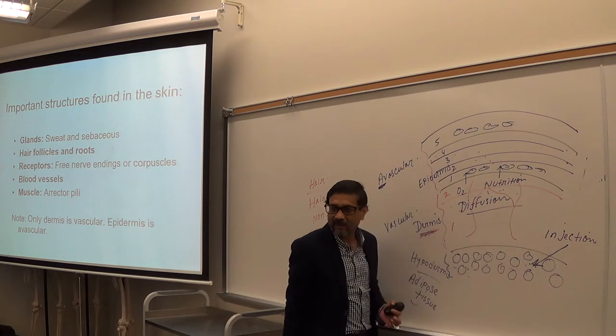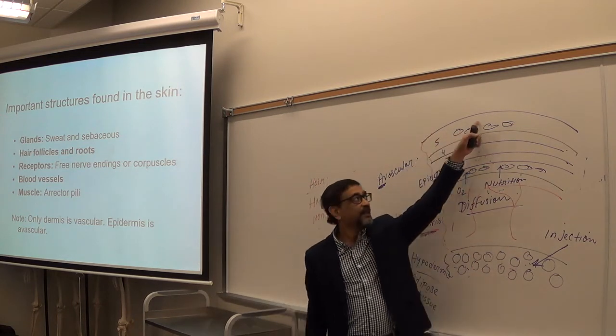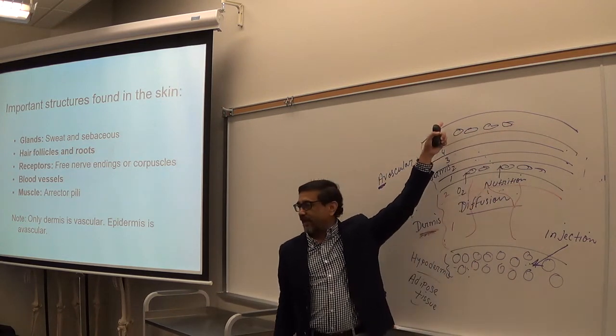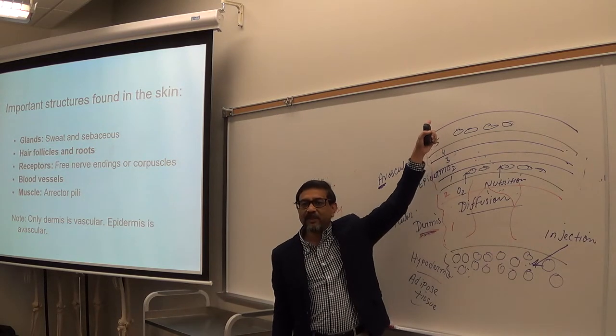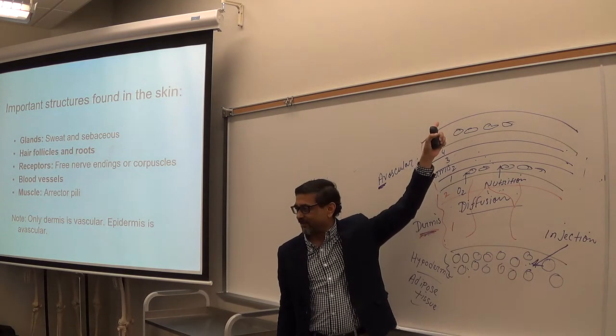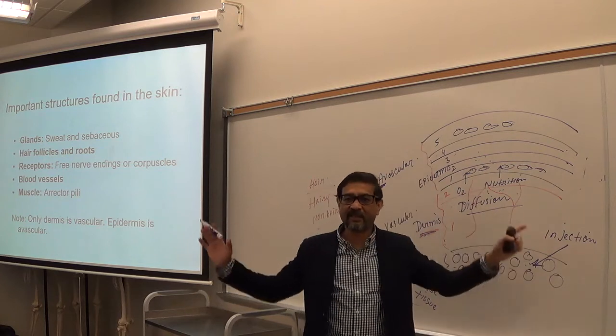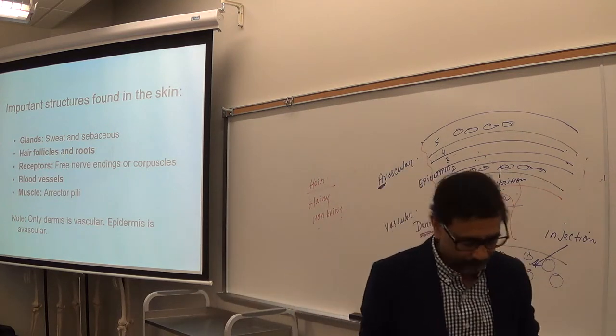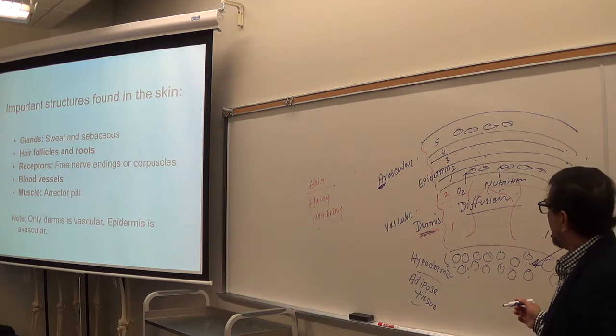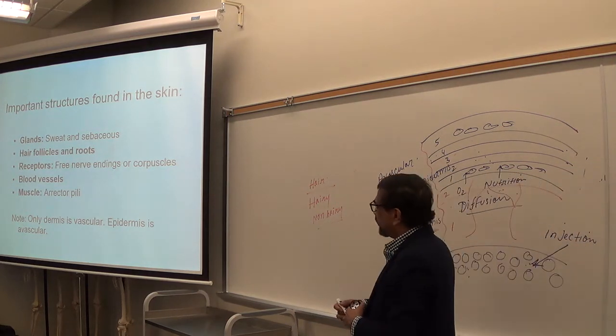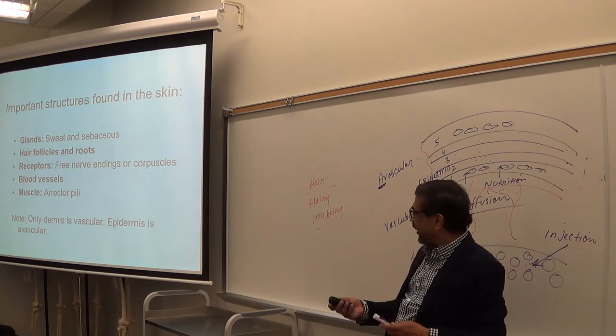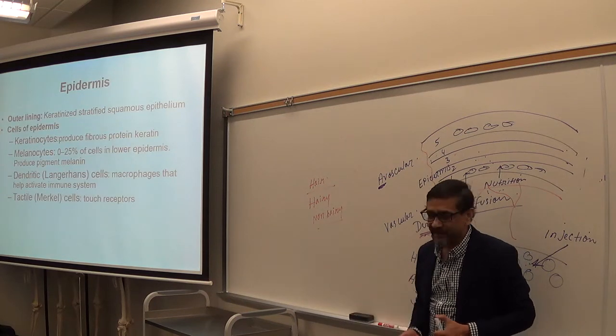Make sense? Simple. So that's why in the outermost layer of epidermis you see many dead cells. Anyway, those are the structures you will find in the dermis of the skin.